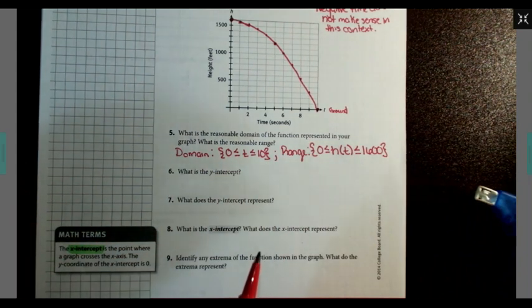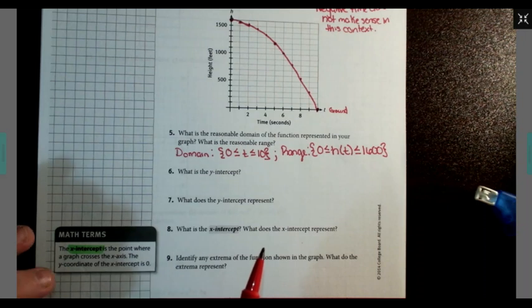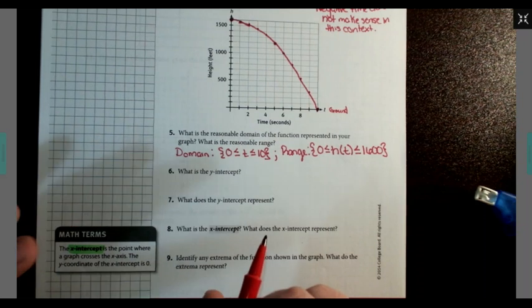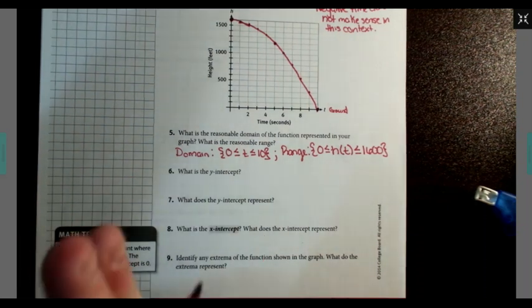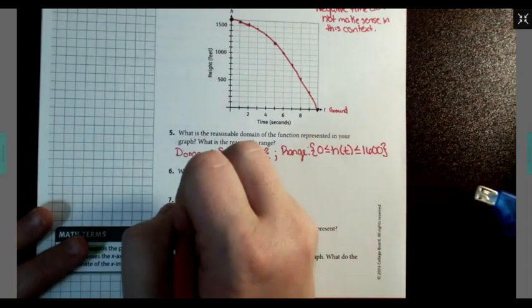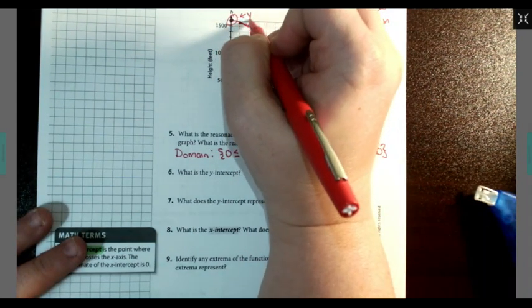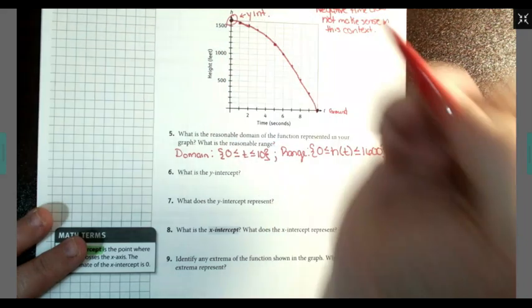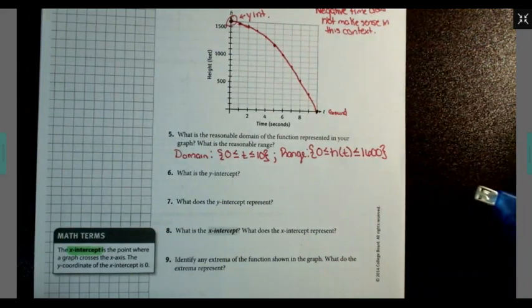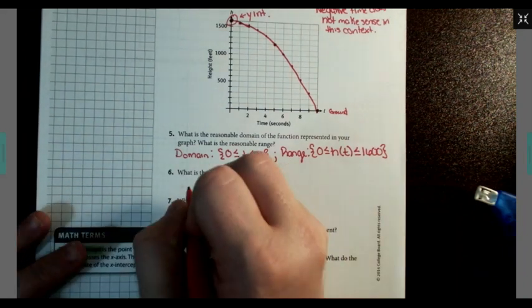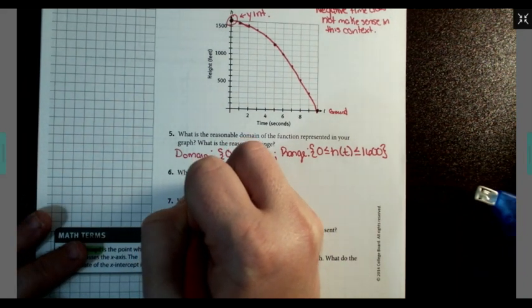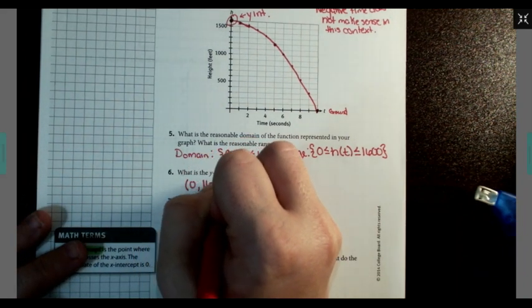What is the y-intercept? Now, y-intercept is where does it cross the y-axis? Well, it meets the y-axis right here. That is my y-intercept. So that ordered pair there is 0, 1,600.